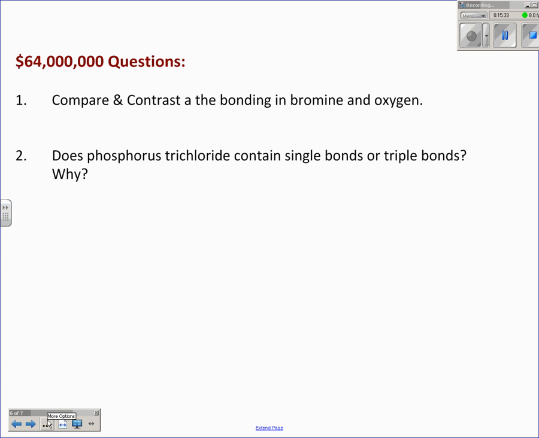So if we were to compare and contrast the bonding in bromine and oxygen, remember bromine had 1 single bond between the atoms, whereas oxygen has a double bond between the atoms. Does phosphorus trichloride contain single bonds or triple bonds? The answer is a single bond. Remember, the reason is because there is only 1 bond between 2 atoms.